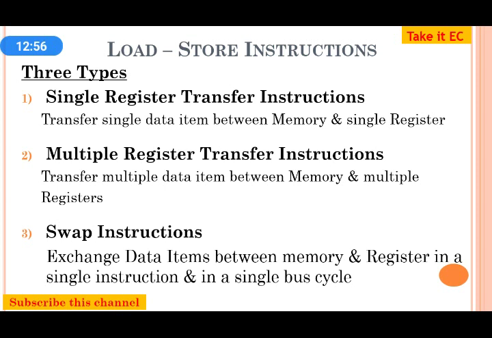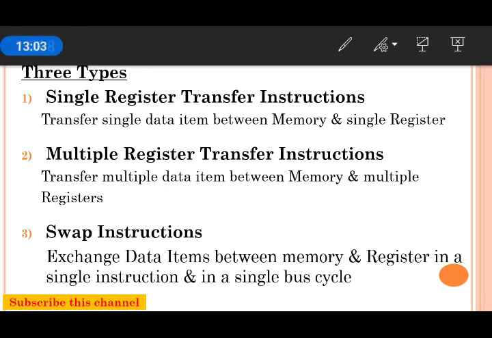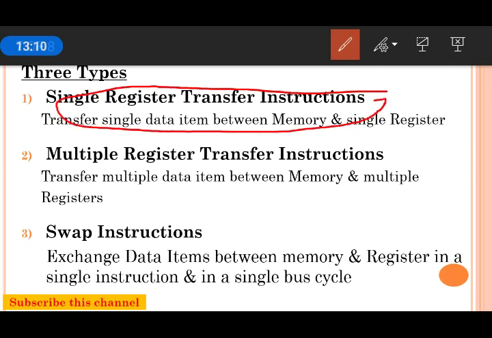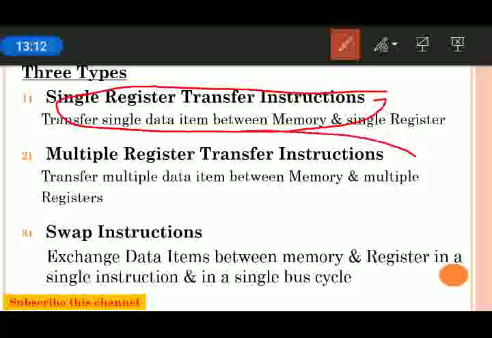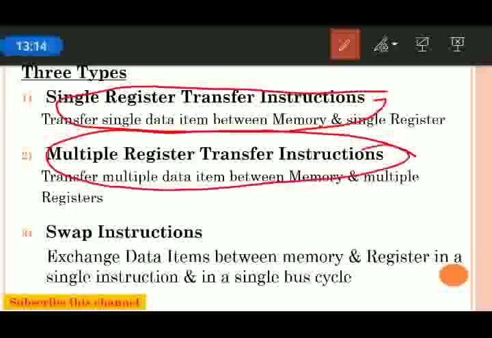So now let us know about the types of load store instructions. There are 3 types we can have in the load store instructions. First one is single register transfer instructions. Second is multiple register transfer instructions. Third is swap instructions.